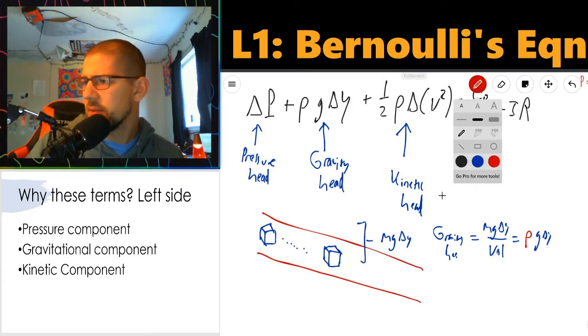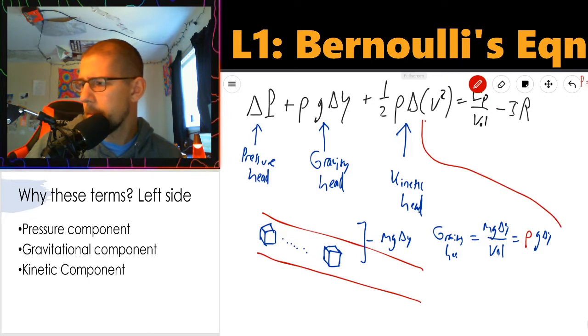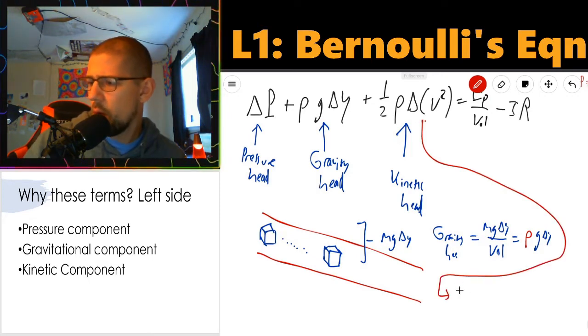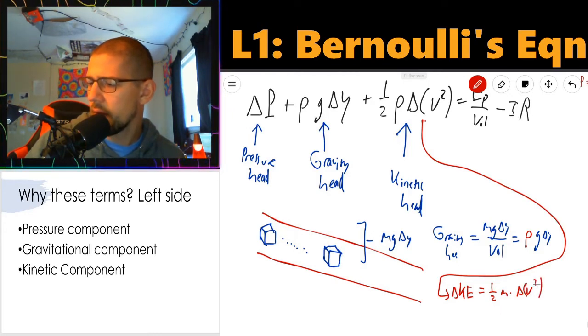Similarly, for kinetic energy, if I look at just this little block, that little block would have a kinetic energy change of 1/2 m times delta of v squared quantity.